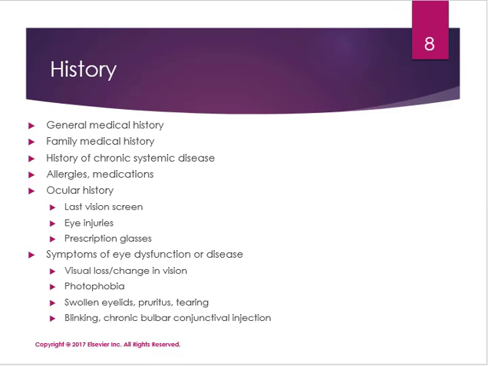Some questions that you may want to ask are about the child's general medical history, any family history that might be impactful to the eyes, any eye issues for anyone in the past, any history of chronic systemic diseases, allergies, medications, any ocular history, last time their eyes were seen, eye injuries, prescriptions, and any symptoms of eye dysfunction or disease, such as loss or change in vision, sensitivity to bright light, swollen eyelids, itching, tearing, blinking, or any redness in the conjunctiva area.